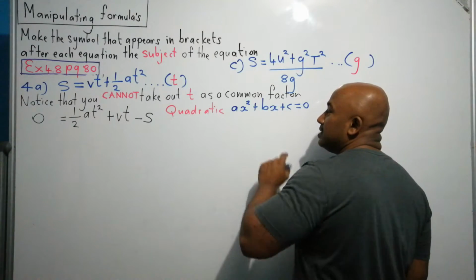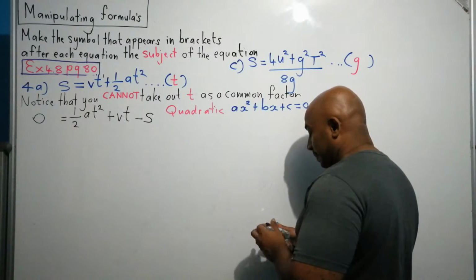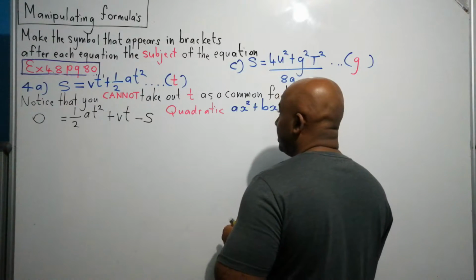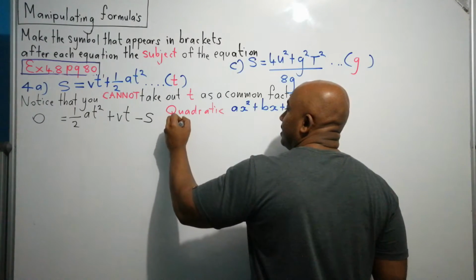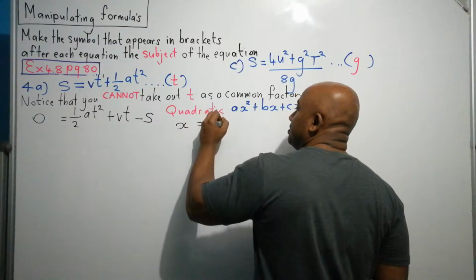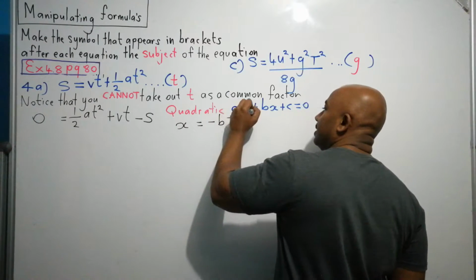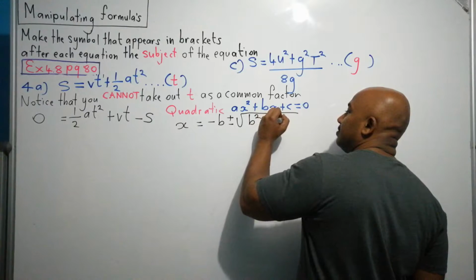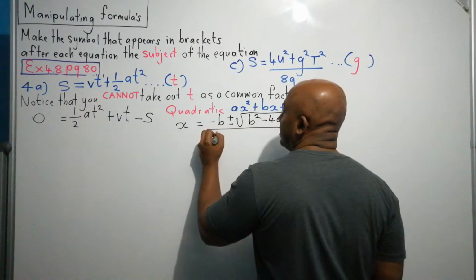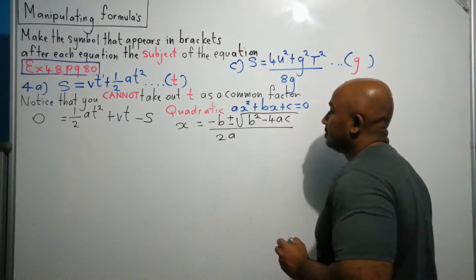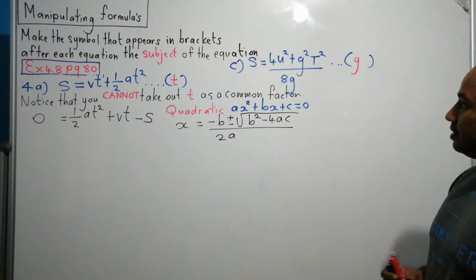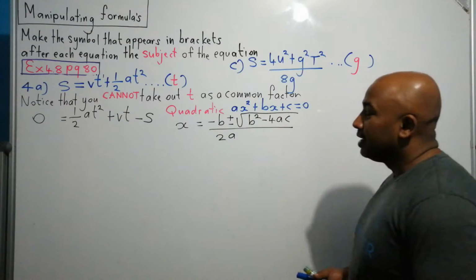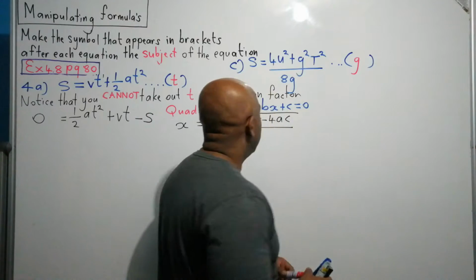So if I want to use the quadratic formula here, x is equal to minus b plus or minus the square root of b squared minus 4ac all divided by 2a. Okay, so now let's identify our a, b, and c.